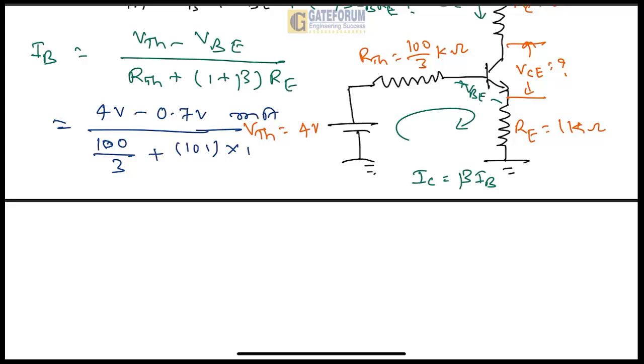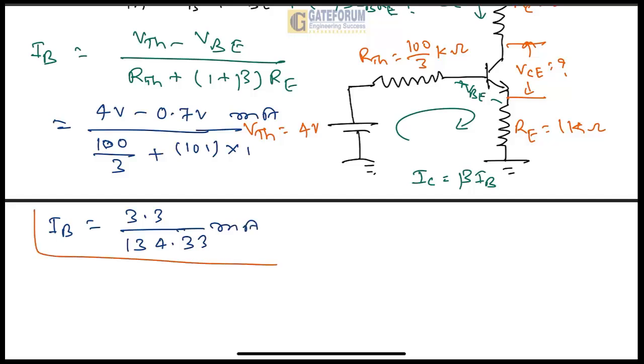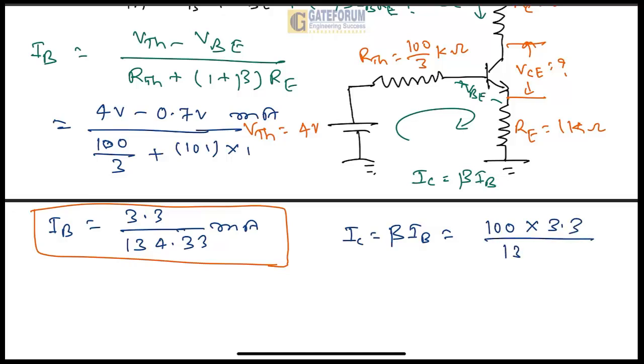Now if we solve this, we will get this IB is equal to 3.3 divided by 134.33 milliampere. This is our IB. Now we have to find out IC. So IC is equal to beta times IB, which will become 100 into 3.3 divided by 134.33.